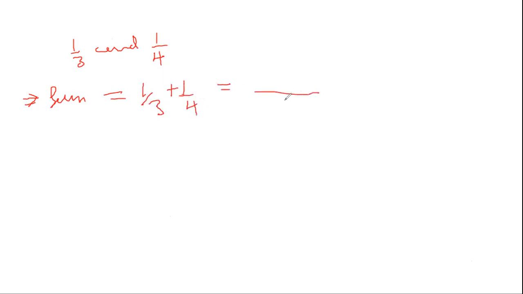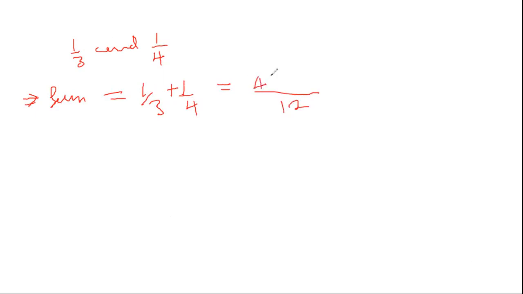Find an equation whose roots are 1 over 3 and 1 over 4. So we are going to begin by finding the sum of the roots, which is 1 over 3 plus 1 over 4. The LCM is 12.